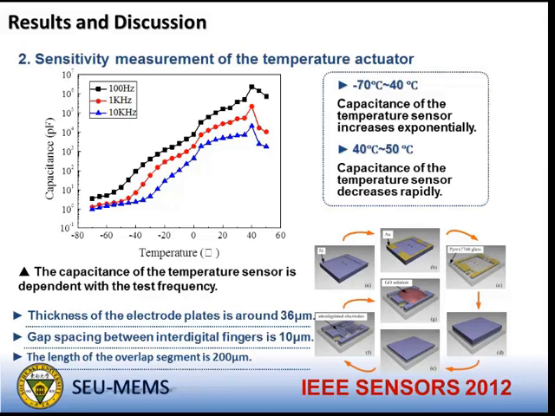And what is strange is that when the temperature increases from 40 degrees centigrade to 50 degrees centigrade, the capacitance of the sensor decreases rapidly. Maybe some oxygen functional groups decomposed at that temperature.